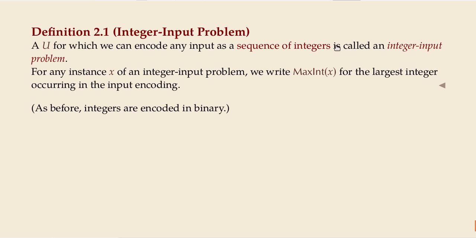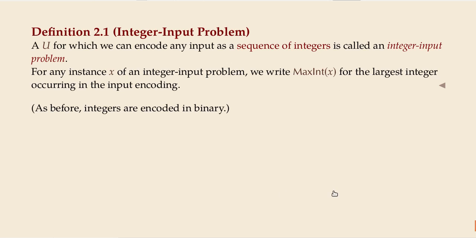It's not really a severe restriction because, as you know, you can encode virtually anything as an integer if you like, but not always is such an encoding meaningful. So we will in the following just assume that instances consist only of a sequence of integers. Then for any such instance, we can define maxint, which is just the value of the largest integer occurring there. And since we encode integers in binary, the encoding length might be pretty small, even though maxint can be large, exponentially larger.